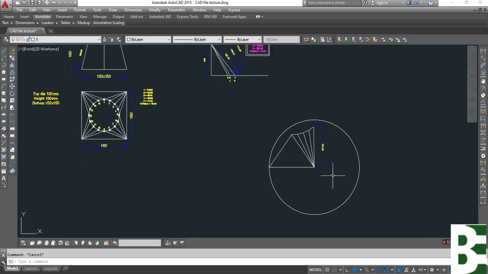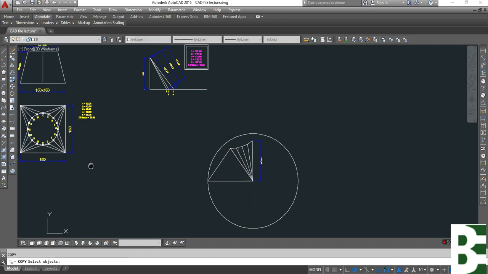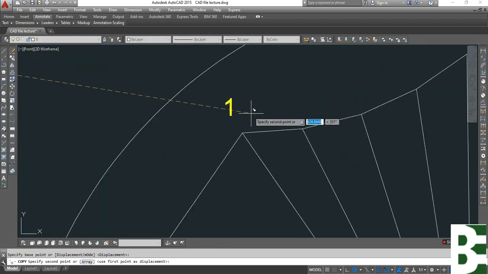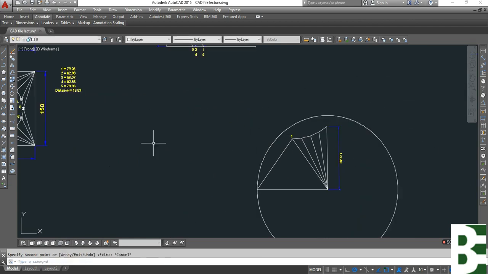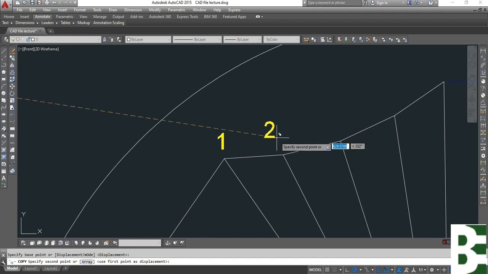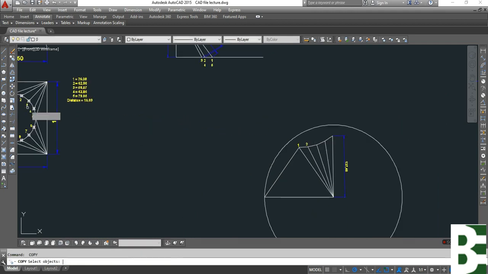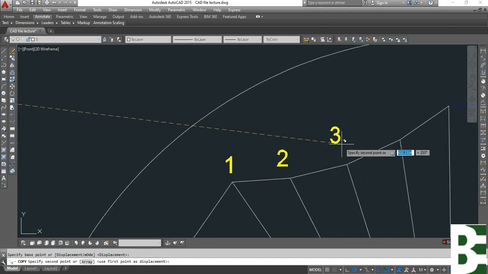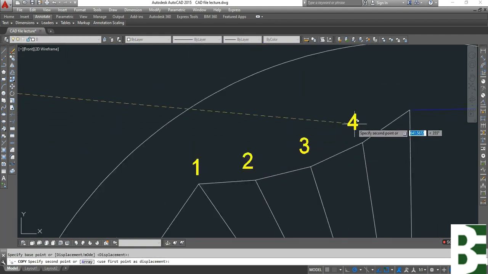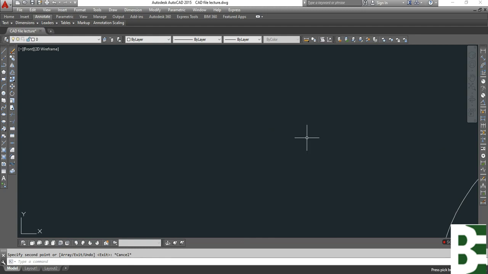Yes, number 5, dimension for number 5. This is my number 1. This one is number 2. This is number 3, number 4 and number 5.